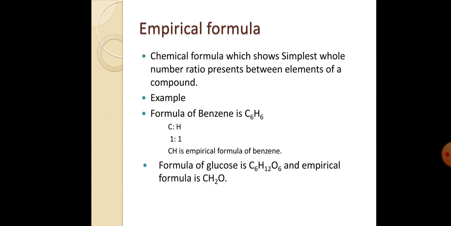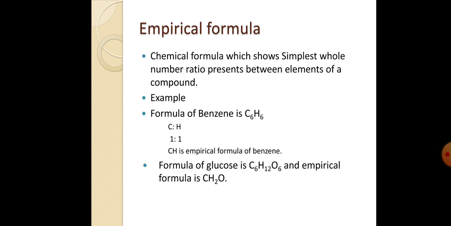Empirical formula is that chemical formula which shows the simplest ratio between elements of a compound. This formula shows the simple ratio of atoms which are present between combining atoms. This formula doesn't show the exact number of atoms, just the simple ratio is represented by the chemical formula.